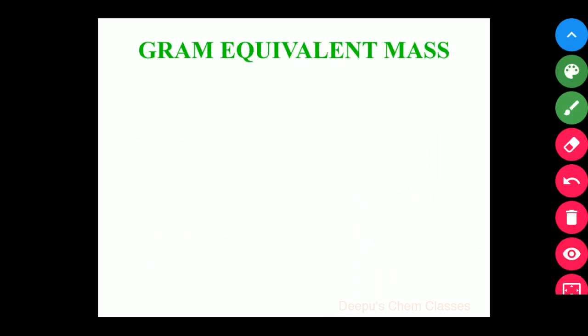Let us see the next concept, gram equivalent mass. Like the mole concept, the gram equivalent concept is used in analytical chemistry, that means practical chemistry.